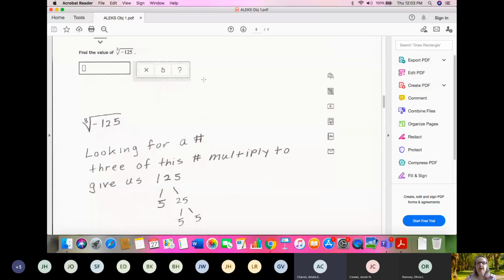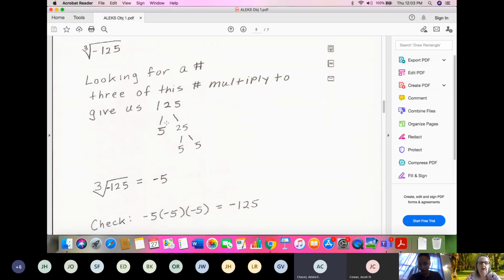So rather than looking for 2 of the same number multiplied together, we're now going to be looking for 3 of the same number multiplied together. So we're looking for a number, 3 of which multiplied give us 125. We're going to ignore the negative sign for a moment. So we want to break down 125.